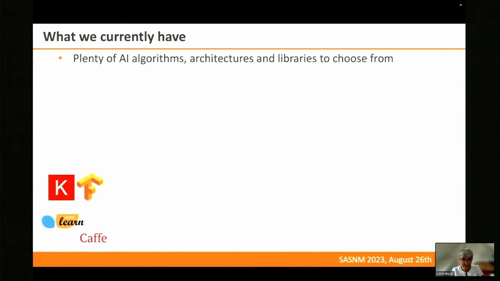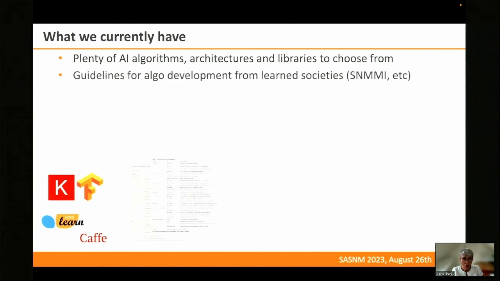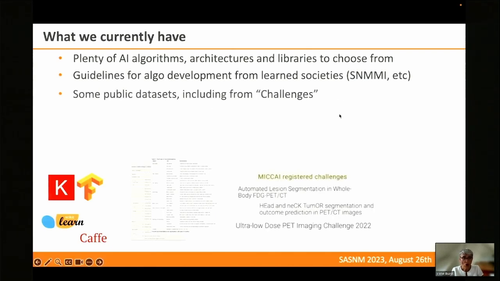We have plenty of AI algorithms, architectures, and libraries to choose from. We have guidelines for developing new AI algorithms, and these are issued by learned societies. We have some public data sets, including the ones provided through challenges.